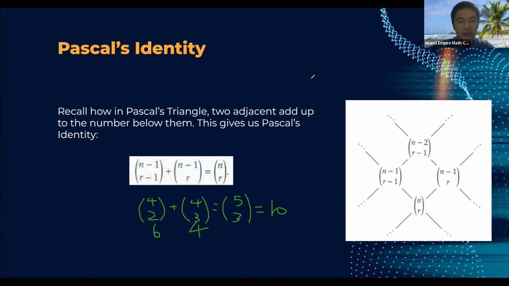So that just gives you an intuitive demonstration of how Pascal's identity works. This is a very powerful theorem when you're trying to prove stuff in mathematics, and you should keep this identity in mind. It's a really simple identity. It just comes from how Pascal's triangle is constructed.